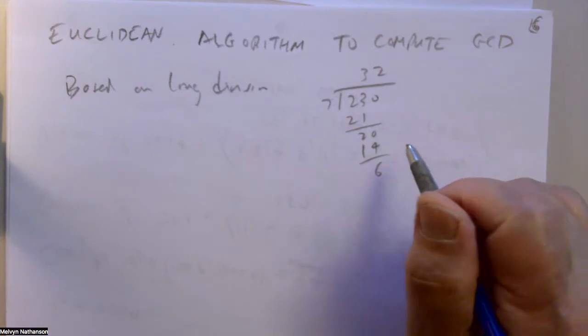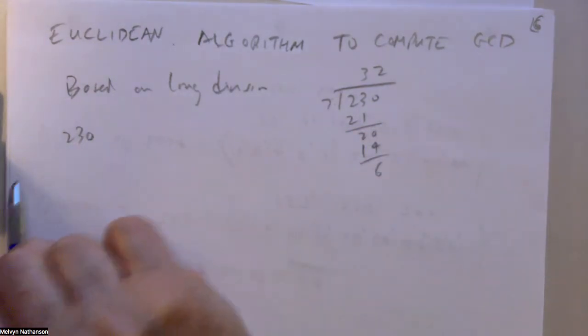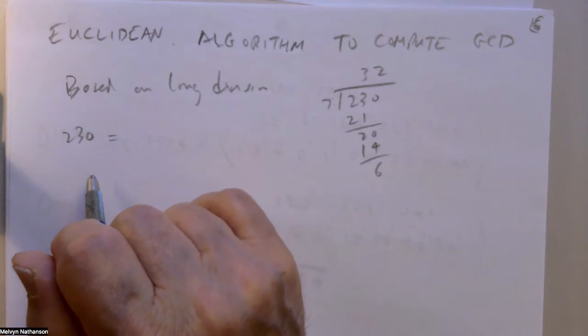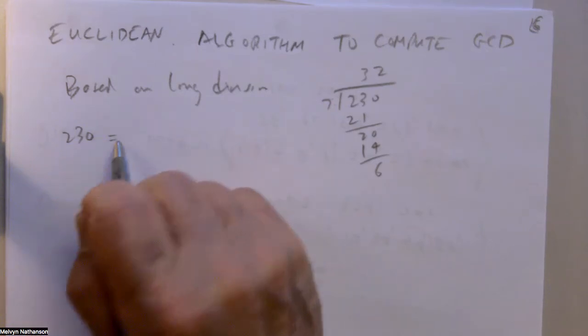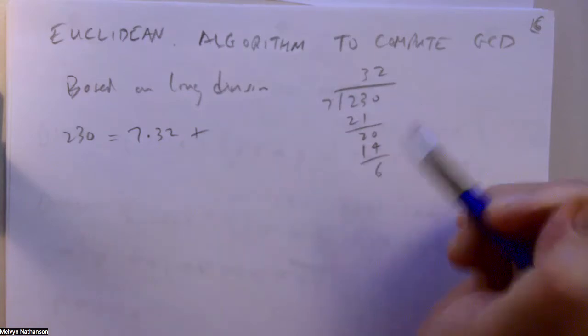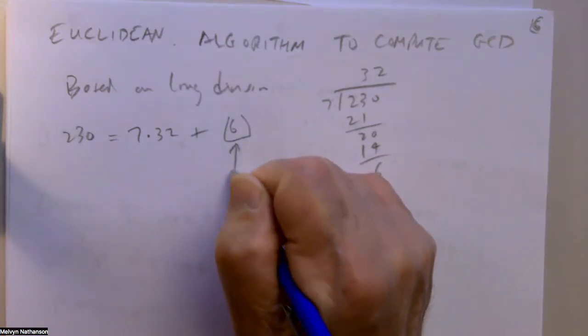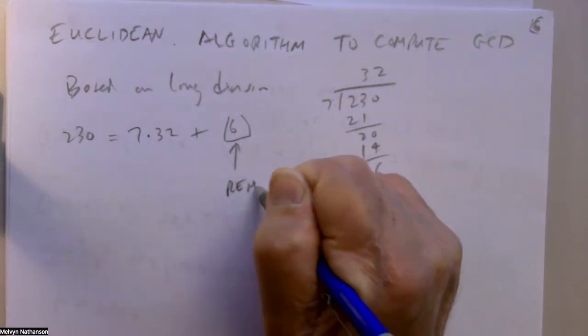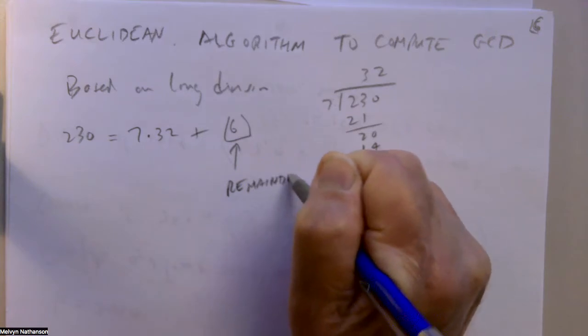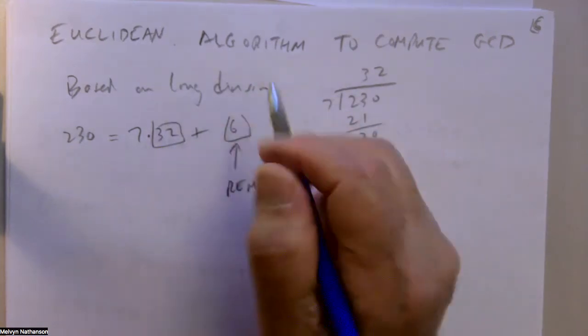That leaves a remainder of 6. So 230 is 7 times 32 plus 6. So this number 6 is called the remainder when you divide 230 by 7.